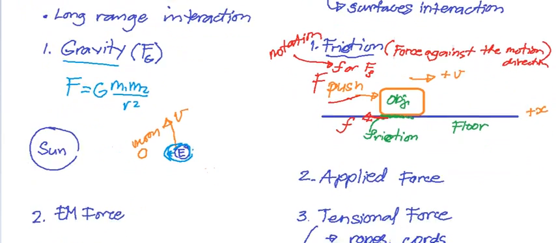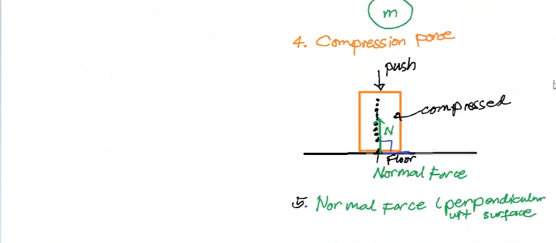Every day we are experiencing different types of forces. We are pulled down by the earth, so we have gravity. We are experiencing gravitational force due to the earth. Then we are also experiencing gravitational force due to the sun. However, we are nearer to the earth, we are on the surface of the earth.